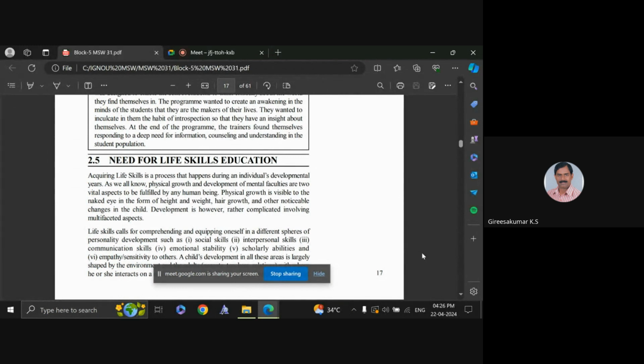Need for life skills and education. Life skills we have seen. What is the need of it? It is for physical growth and development of mental faculties. These are all to be fulfilled. For any human being, these two vital aspects are necessary.